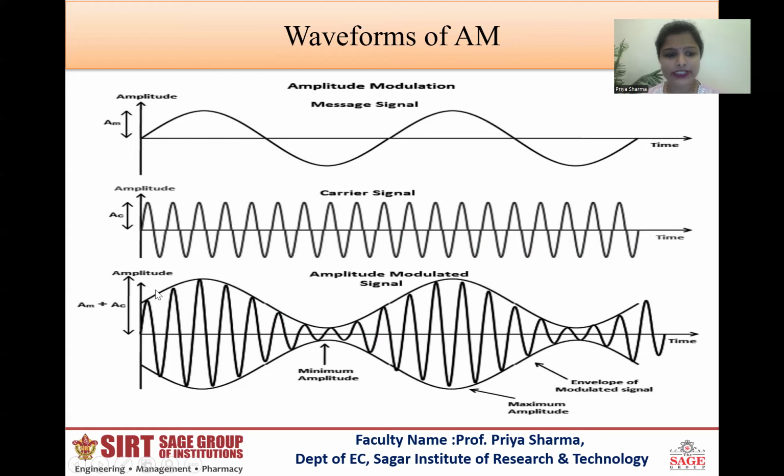This is known as the envelope, which is the same as the modulating signal, the message signal. And inside that, a carrier is transmitted. The carrier signal doesn't carry any information. The whole information is carried in the message signal. The carrier is only to carry this information from the transmitter to the receiver.